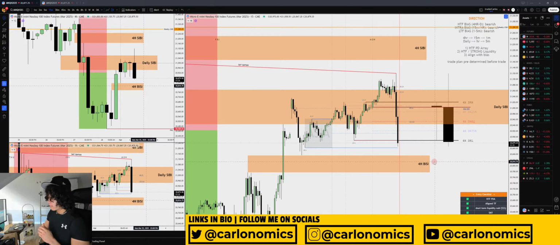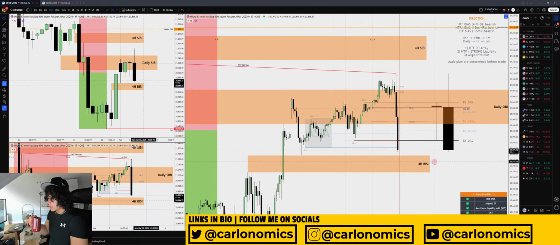But I'm personally gonna wait for 10, see what 10 does. I'm just waiting for us to rebalance this 4-hour BISI below us, and then potentially look for longs to retrace back to equilibrium or reversal. So I just want to see a reaction out of this 4-hour gap.